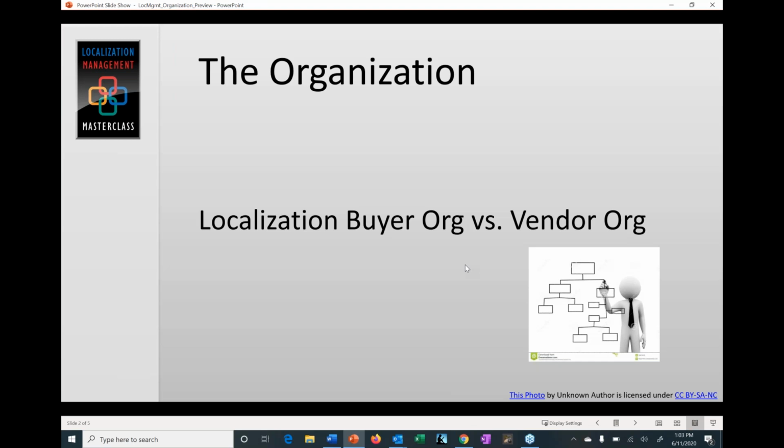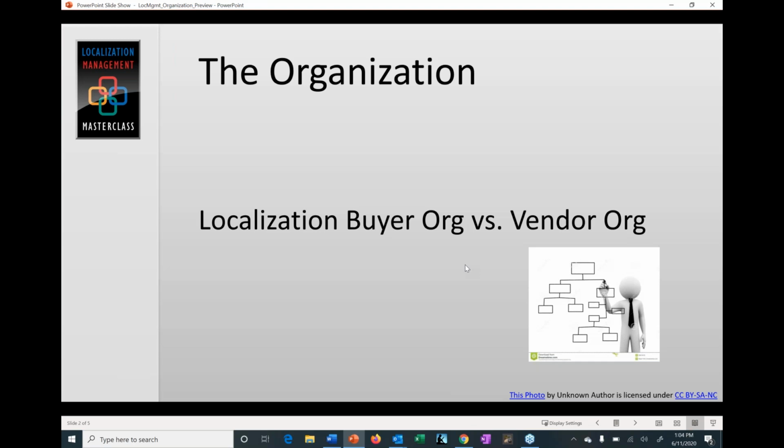And localization was considered to be a service in the company, to be accomplished as cheaply and efficiently as possible with high quality and not bothering anybody too much. So that's a very different kind of way to try to structure and run an organization.